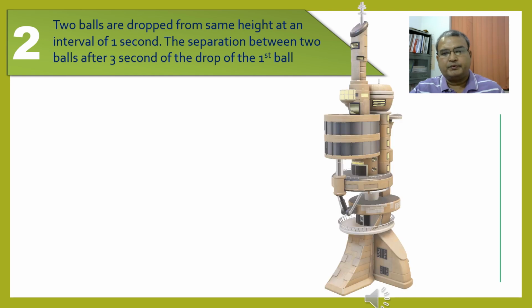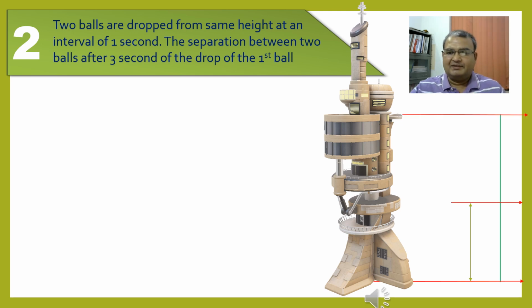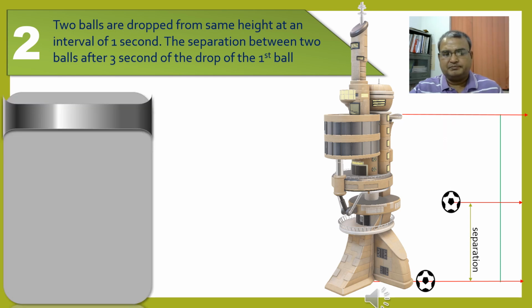Okay, say this is the tower, and this is the height of the tower. First ball. After the fall of the first ball, we are going to drop the second one. First of all, we are going to solve by the conventional method.